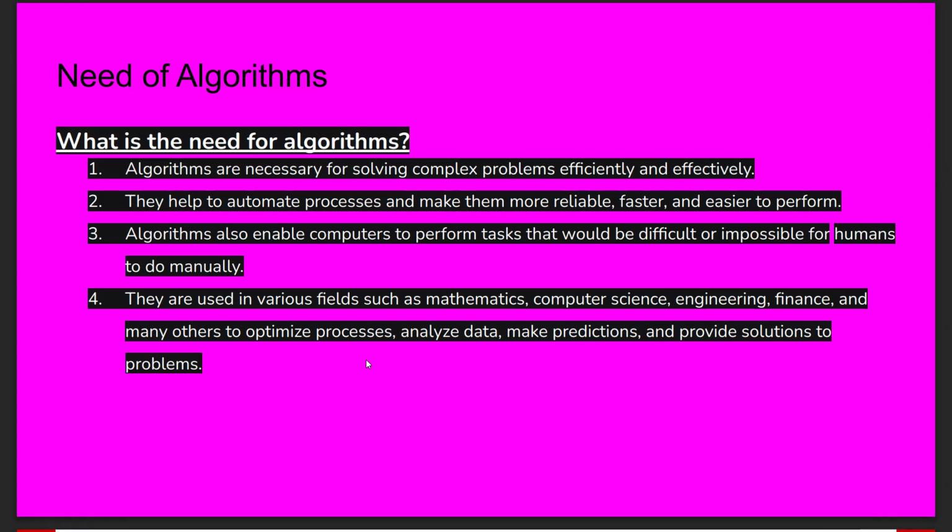Next one, algorithms also enable computers to perform tasks that would be difficult or impossible for humans to do manually. Human beings can solve only a small number of problems. But if you want to solve complex problems, it will take many years. There are certain problems that humans cannot solve at all.